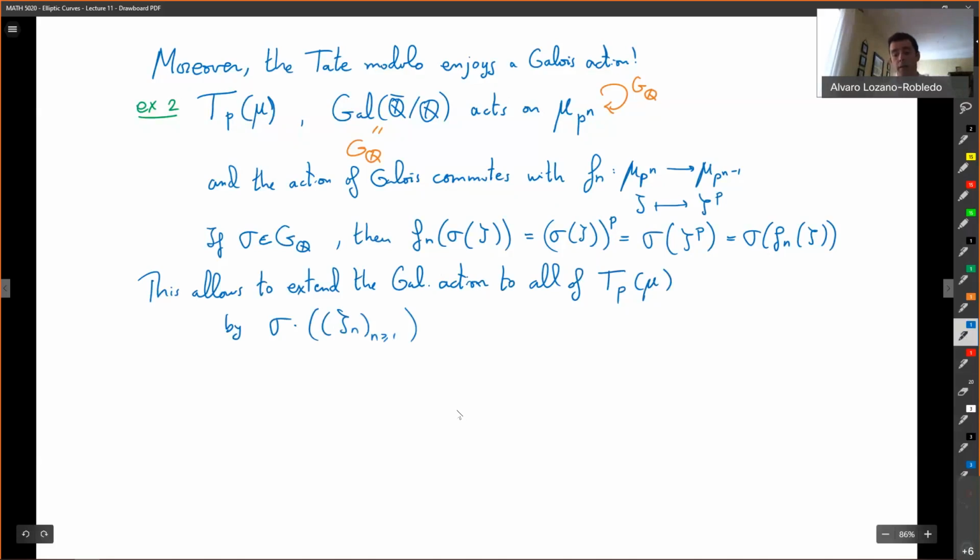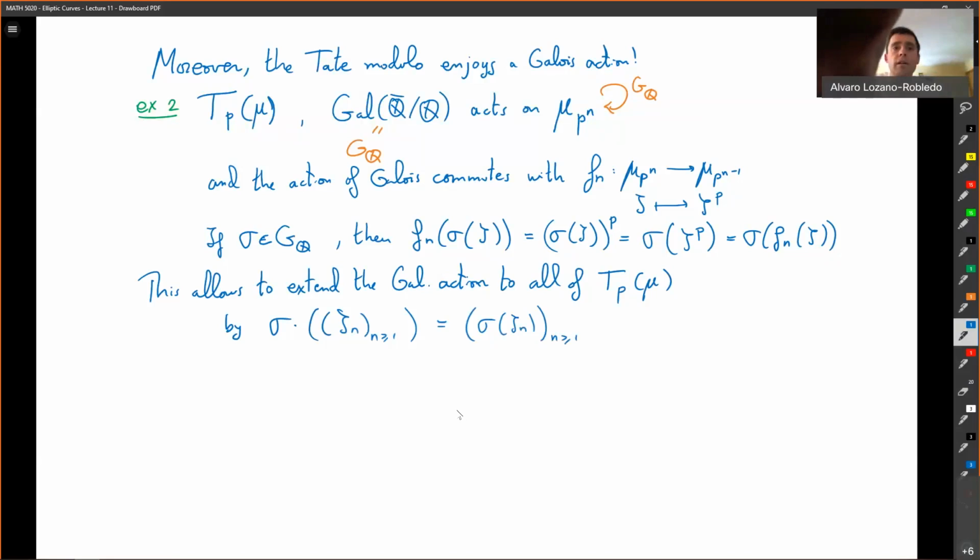If I have an element of the Tate module, I'm just going to act coordinate-wise with my Galois automorphism. Okay, and by the line above, this is well defined, and my new sequence is also an element of the Tate module.